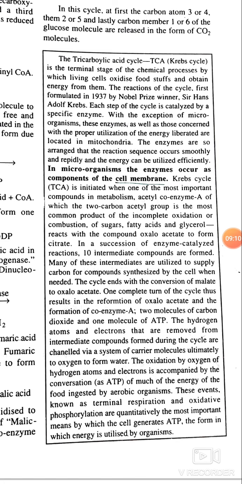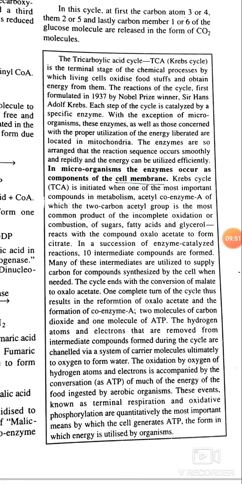The hydrogen atoms and electrons that are removed from intermediate compounds formed during the cycle are channeled via a system of carrier molecules ultimately to oxygen to form water. The oxidation by oxygen of hydrogen atoms and electrons is accompanied by the conversion to ATP of much of the energy of the food ingested by aerobic organisms.